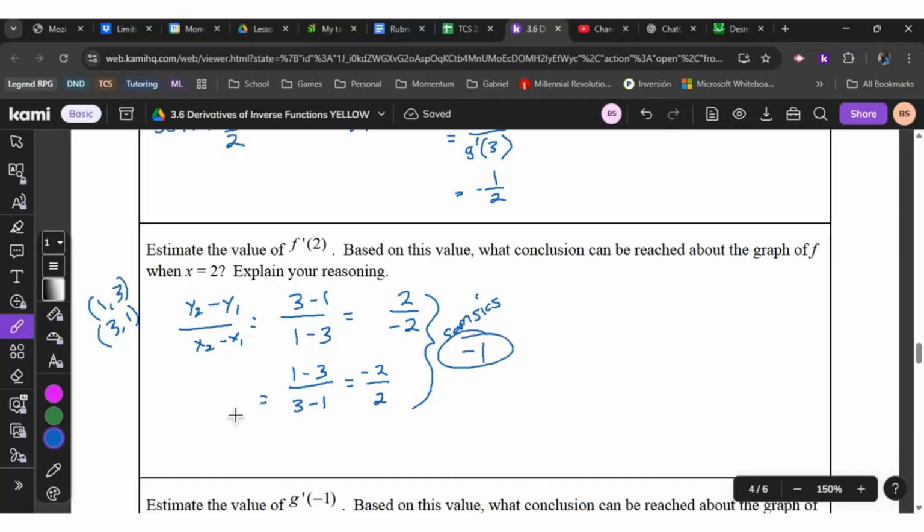We're going to get -1. What does that mean? This means that f prime of 2 is less than 0. Therefore, f of x is decreasing, specifically at x equals 2.